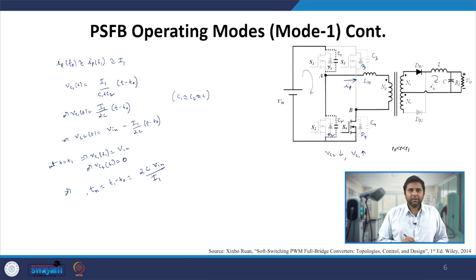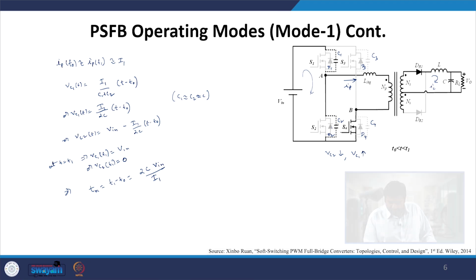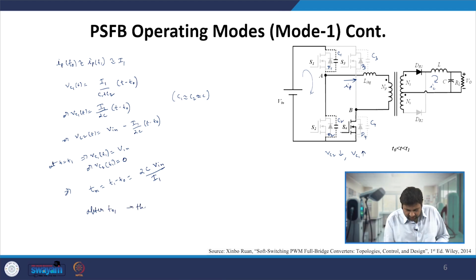This is the time we must provide, because in this time the C2 voltage is going to 0. After t01, the Vc2 voltage is equal to 0.